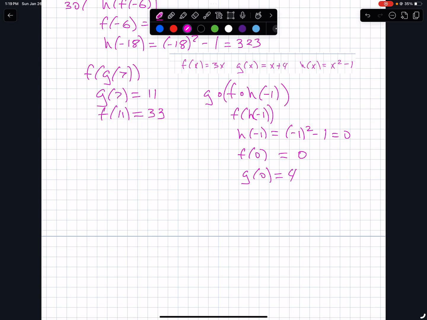Okay. That's another weird one. And then 38. Page. Doesn't that look like fun? So 38, where X represents the year since 2006.